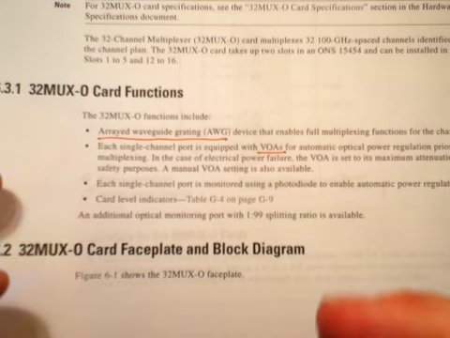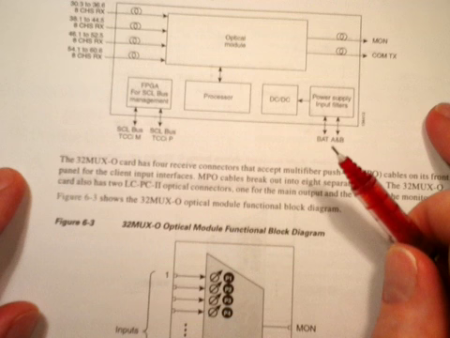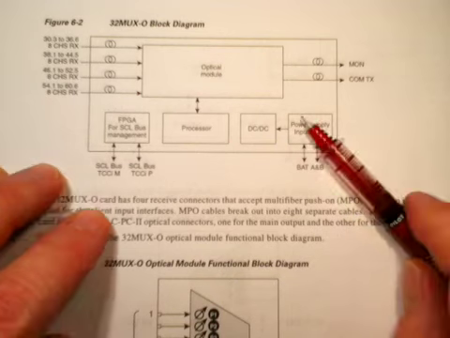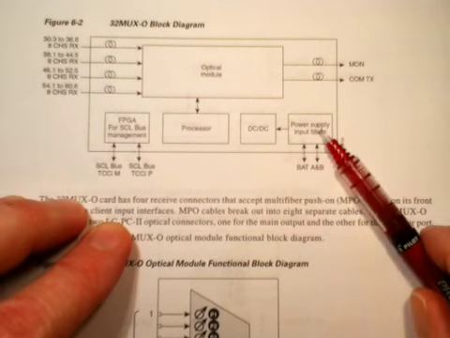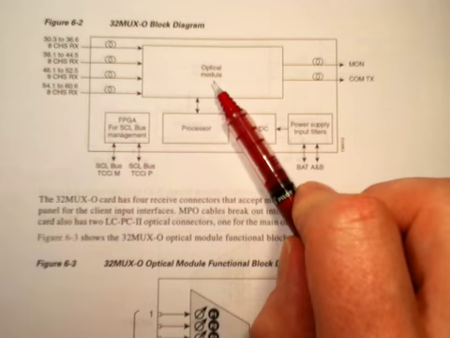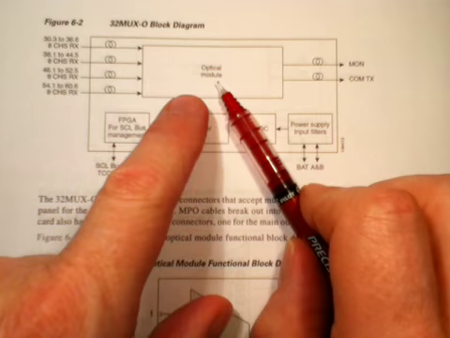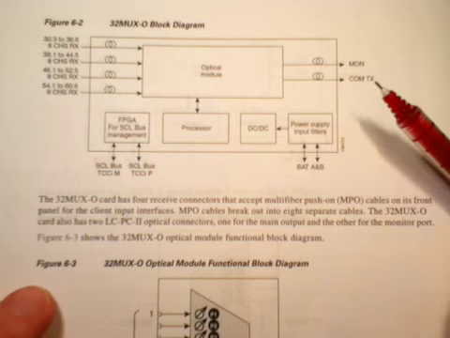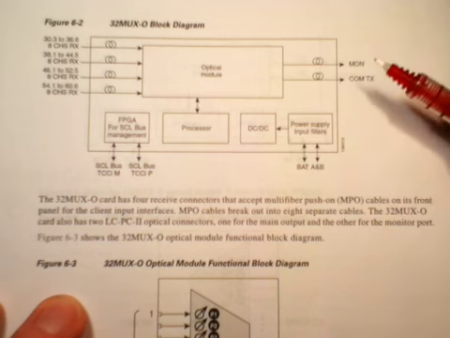Okay, what do these cards look like? Well, they're actually very simple. Here's the block diagram that shows both electrical and optical parts. We have to have a processor, a power supply, and an FPGA. And in fact, AWGs are temperature controlled devices. So here's the optical module, and it's supposed to have just 5 ports: 1, 2, 3, 4, and then 5, the transmitter.